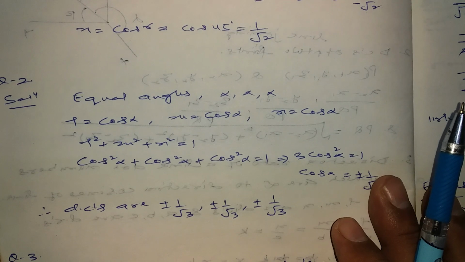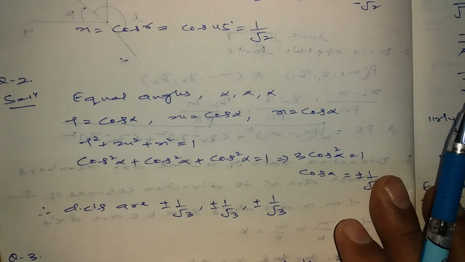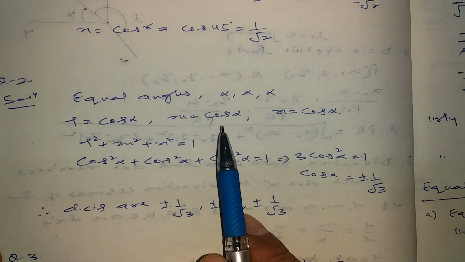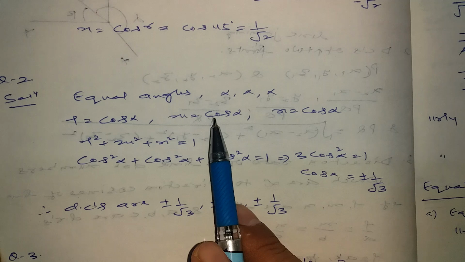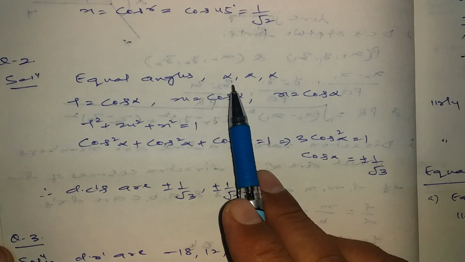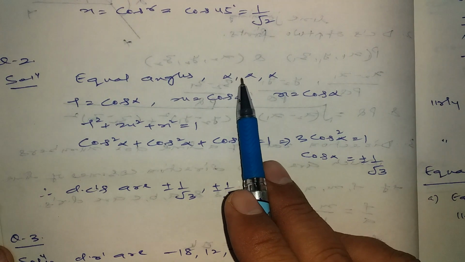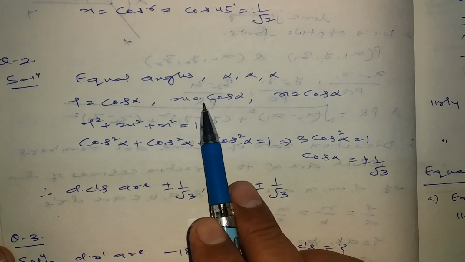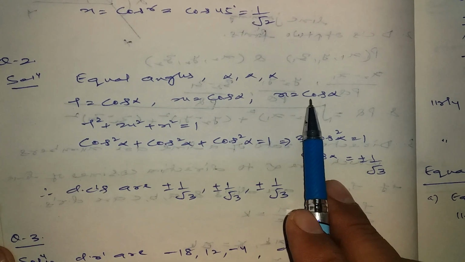The second question is, find the direction cosines of a line which makes equal angles with the coordinate axes. Let us suppose the angles are alpha, alpha and alpha. So l is cos alpha, m is cos alpha, n is cos alpha.